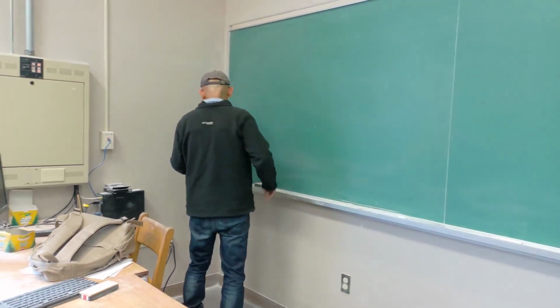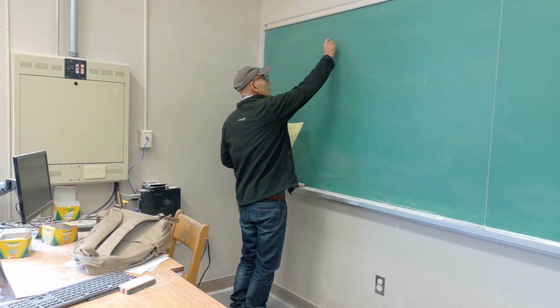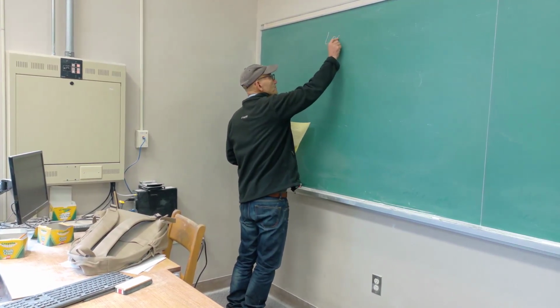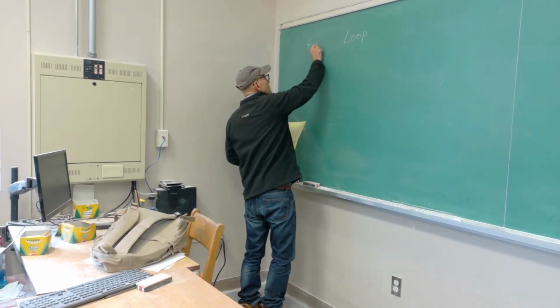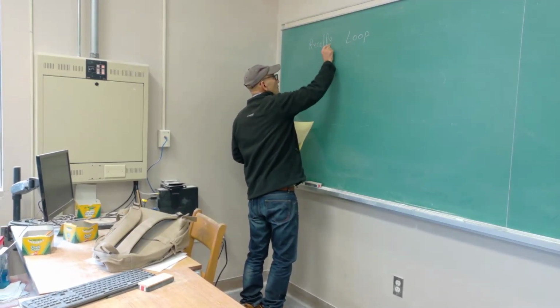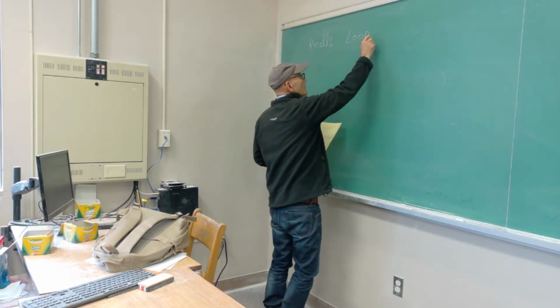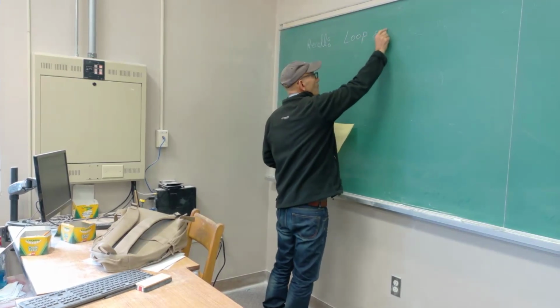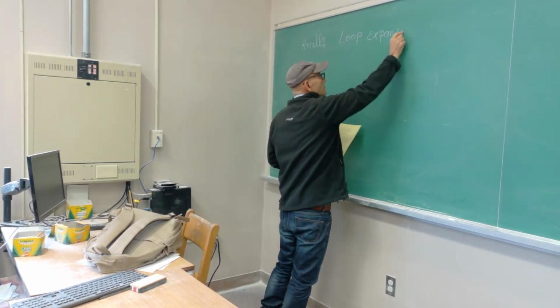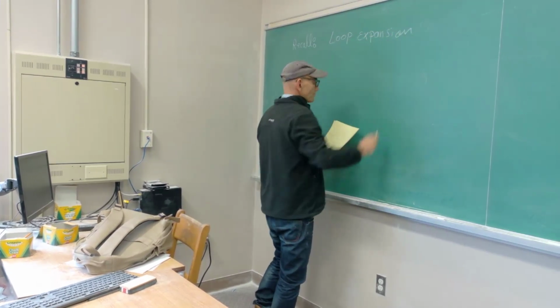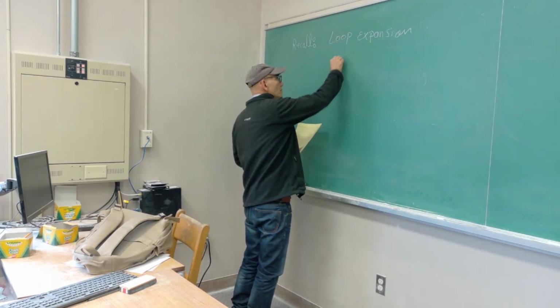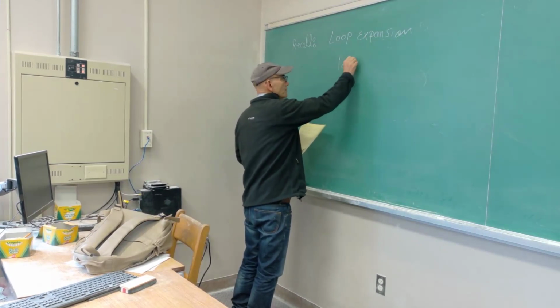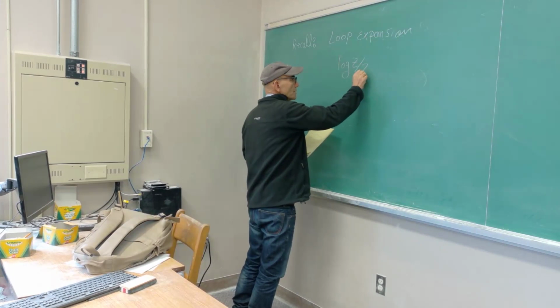So let me recall what we did. One of the things we did last lecture: we looked at loop expansion. Then we look at the log of the partition function normalized like this.